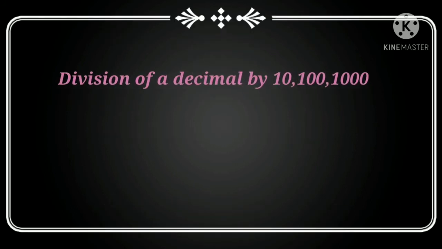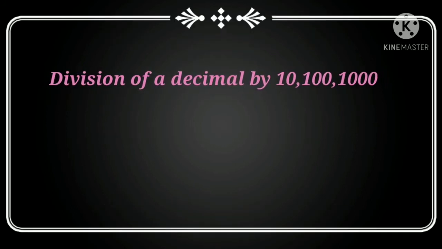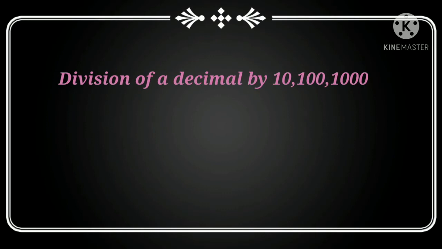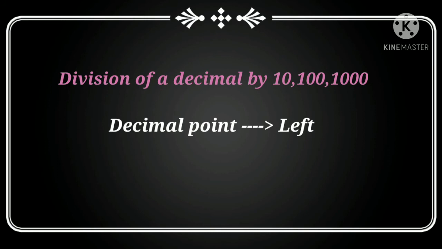Division of a decimal number by 10, 100 and 1000. When we divide a decimal number by 10, 100 and 1000, the decimal point shifts to the left by as many places as the digits shift to the right, and that depends on the divisor 10, 100, 1000.